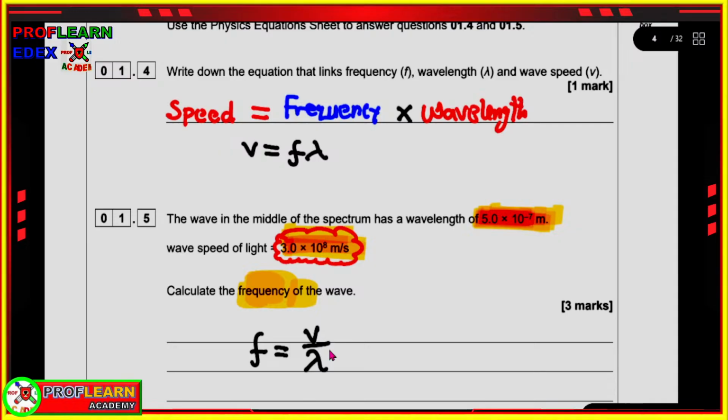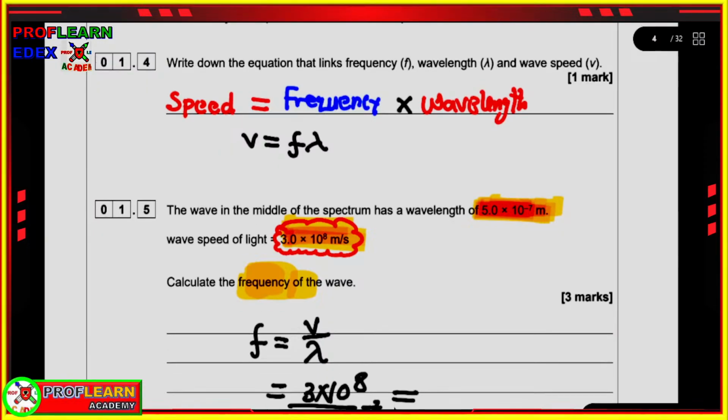In that case, this is going to be 3 times 10 raised to power 8, divided by 5.0 times 10 raised to power negative 7.